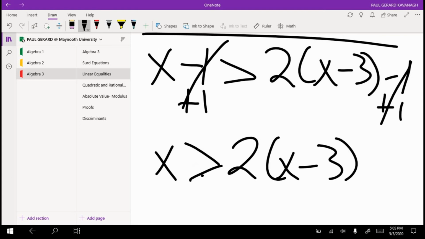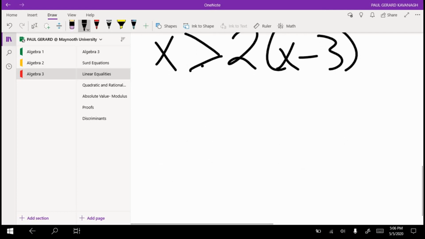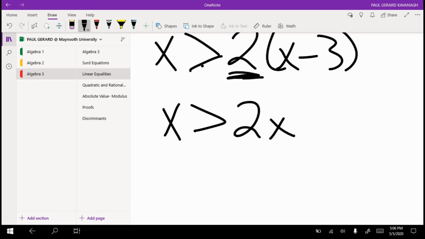Okay, but that looks too weird. Hang on. Okay, sorry, no, I can keep going. So we have x is less than 2 multiplied by x minus 3. So what can we do? You have this 2 and you can expand it by multiplying the bracketed terms. So what you would write is x is greater than 2x minus 6.